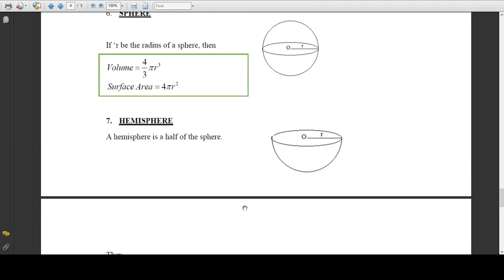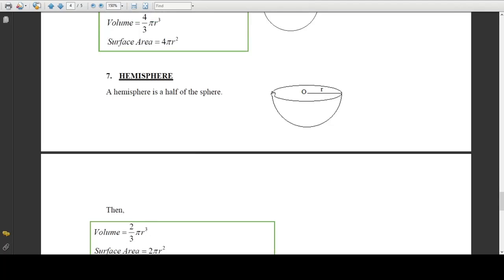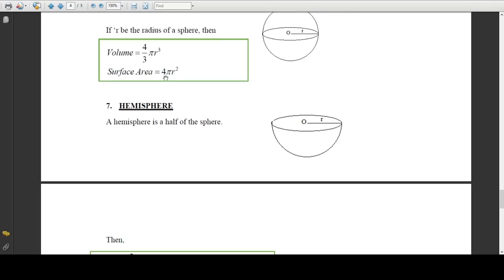And the surface area is a little bit different because why? The surface area will have the curved surface area and the circular area on the top. That means the surface area of a sphere is 4 pi r square. Half of this will be 2 pi r square.